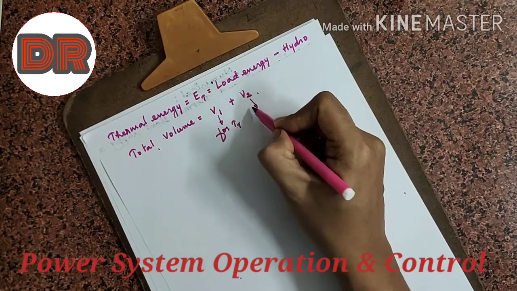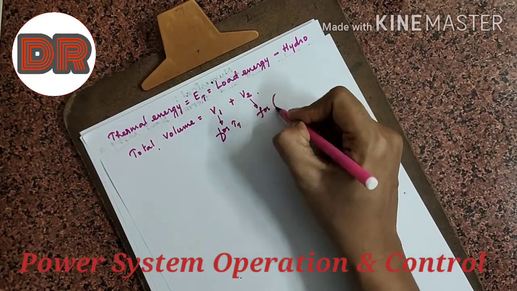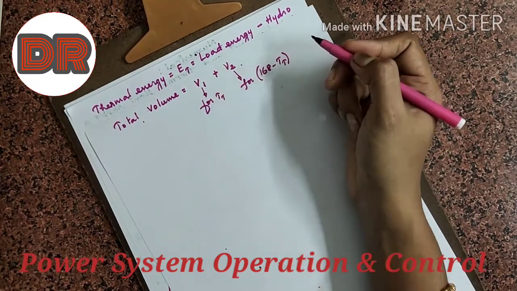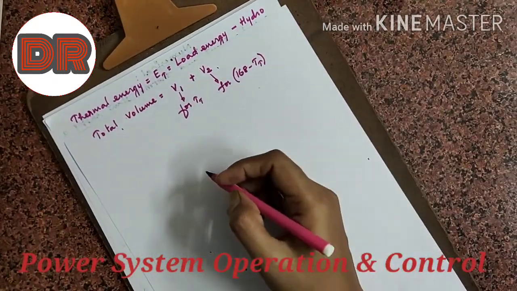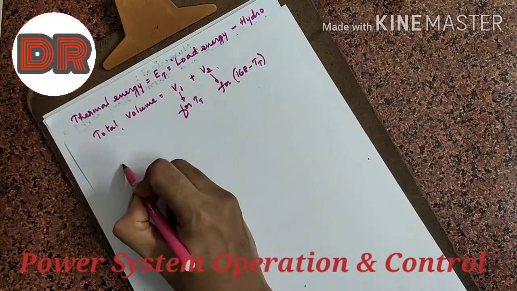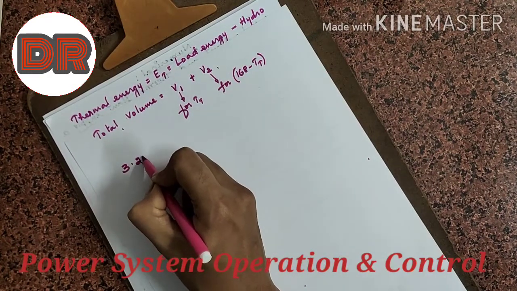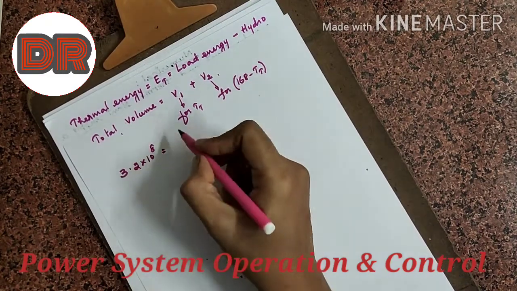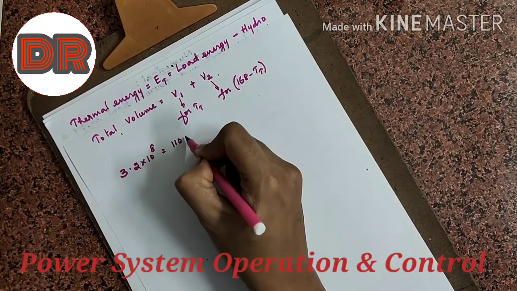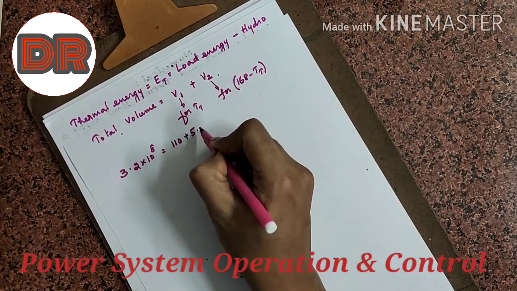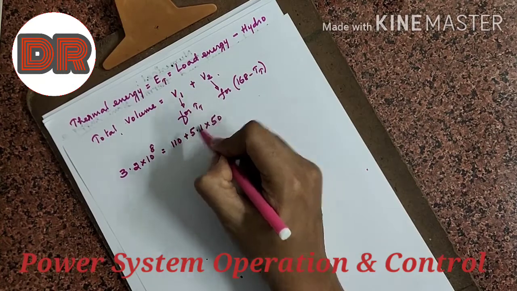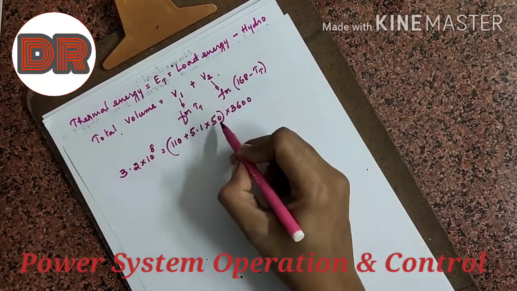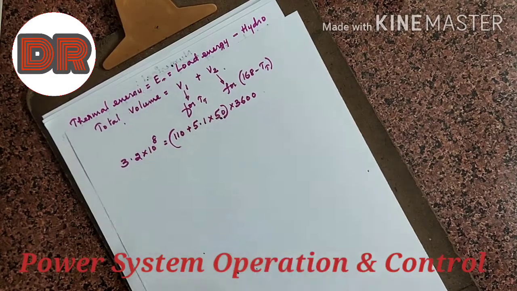So this volume is for time 168 minus TT. Why 168 minus TT? Because the total time is 168 hours. Now we know the total volume, it is 3.2 into 10 to the power 8 is equal to V1. So in the volume equation we have 110 plus 5.1 into 50 into 3600. Why have we written 50 over here?